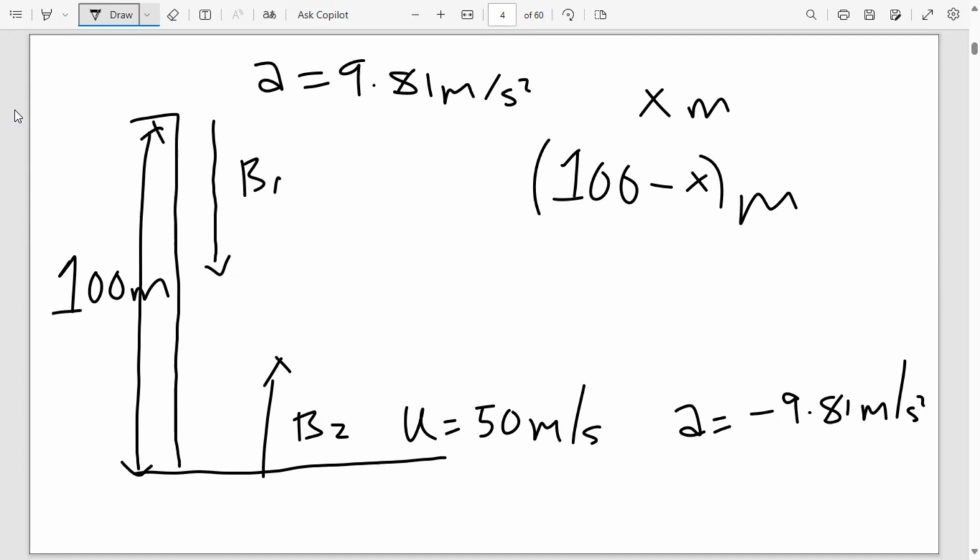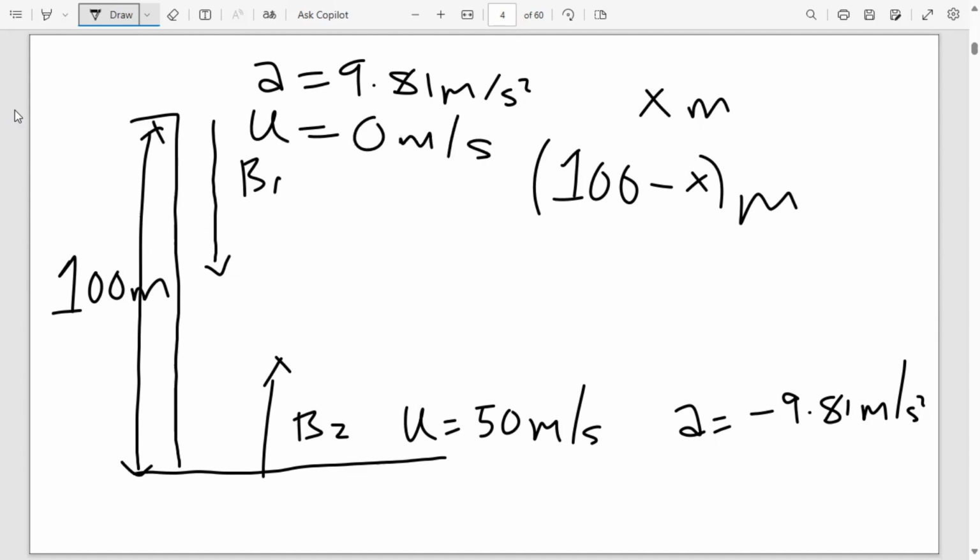For this ball that is dropping from the top, we know the acceleration is 9.81 meters per second squared. And this one has been dropped, which means the initial velocity is equal to 0 meters per second.